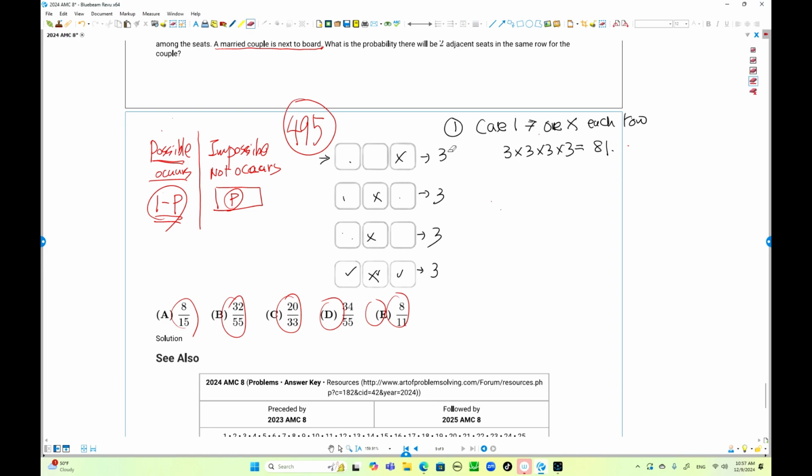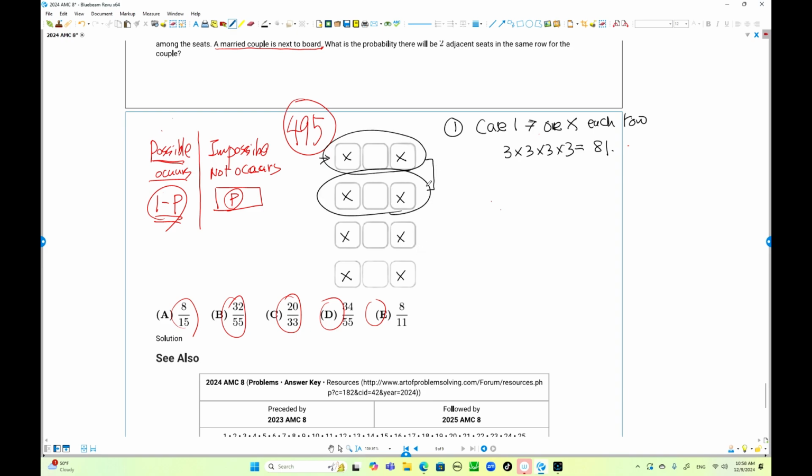Second case is two empty seats in one row, and the other two empty seats in different rows, not two in the same place. The empty seats cannot be next to each other. The other two, where are they?